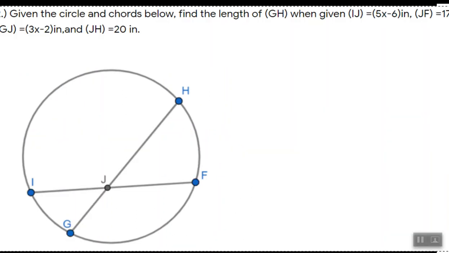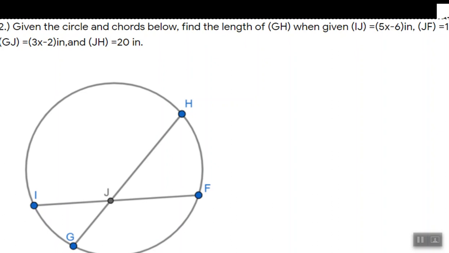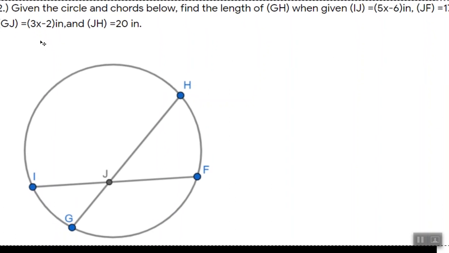Okay, here we have problem number 2. For problem number 2, let's find the length of GH. So we want to find the length of GH. We could label this, and we're looking for that whole line. Let's put these in piece by piece.